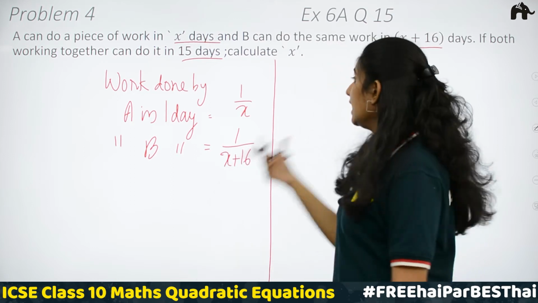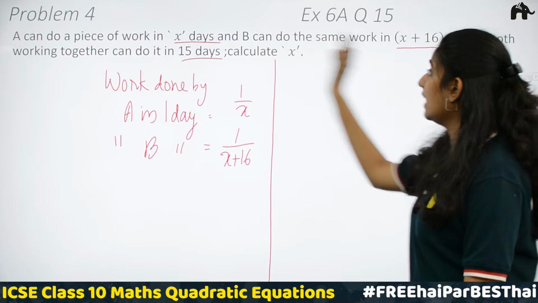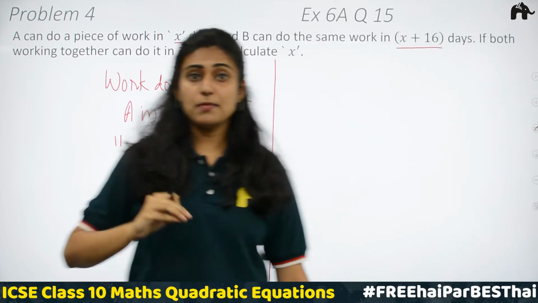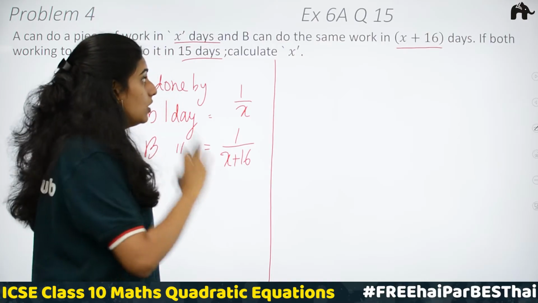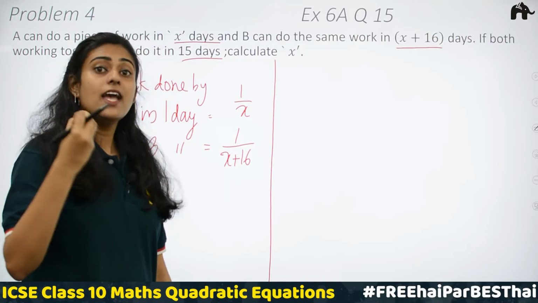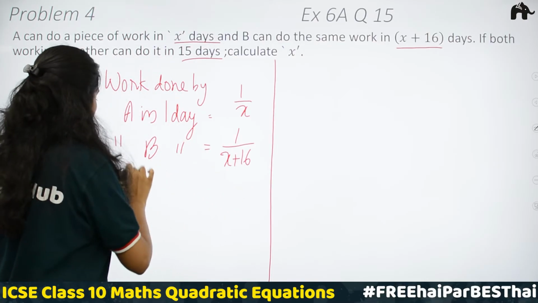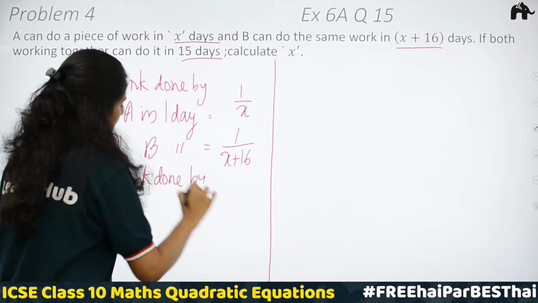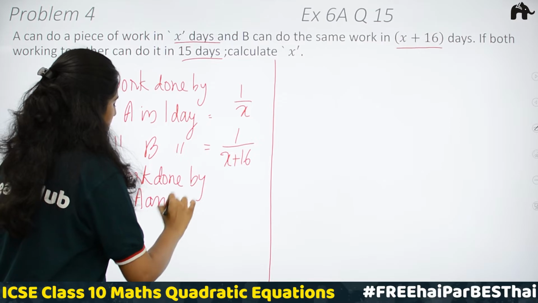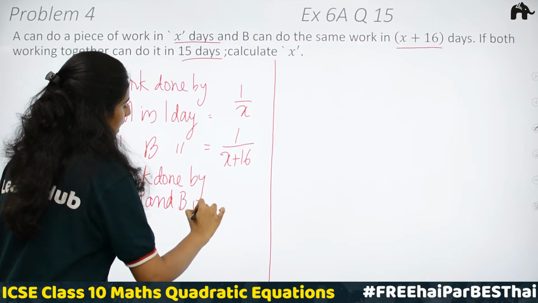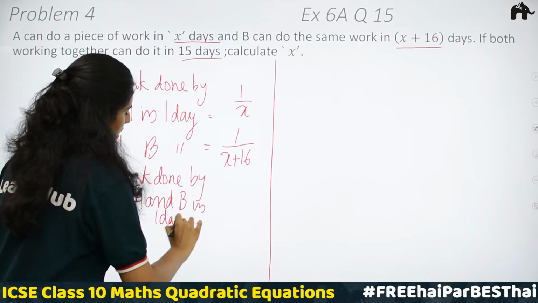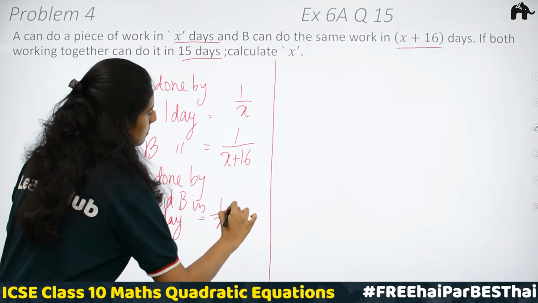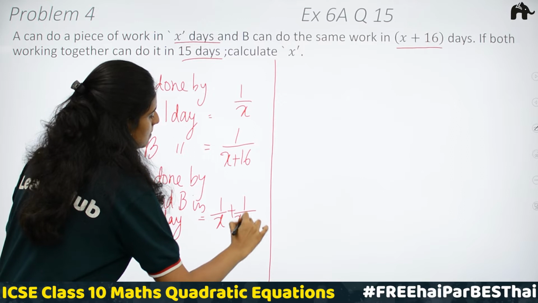It is given that together they are taking 15 days, which means the work done by them in 1 day. Together, the work done by A and B in 1 day will be equal to 1 by x plus 1 by x plus 16.